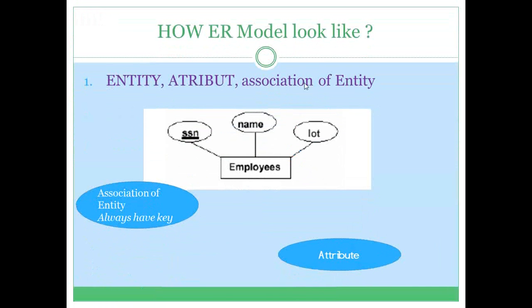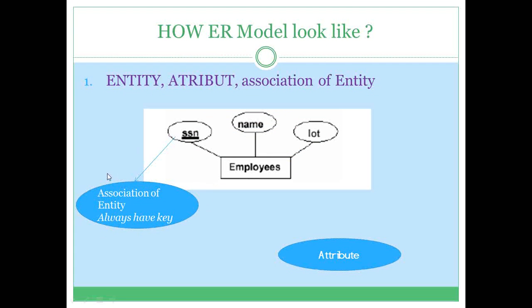How does an ER model look like? Yes, I have an example of an ER model. One entity, attribute, association of entity. This is the SSN or serial number, an attribute of the entity that always is a key.